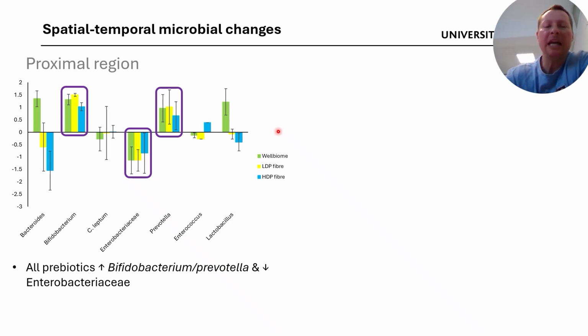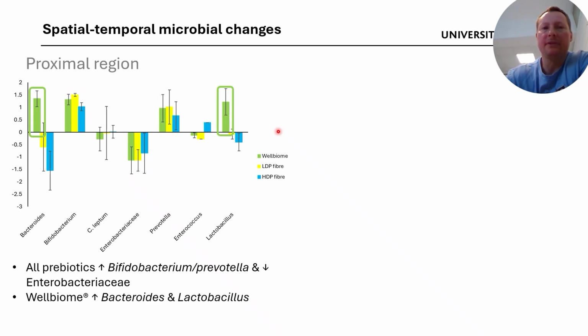And then when we compare the different prebiotic fibers, we noticed that WowBiome was also associated with an increase in Bacteroides and Lactobacillus. And again, these microbes are very adept at carbohydrate metabolism, and especially Bacteroides.